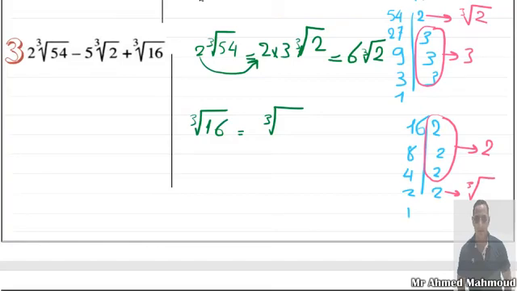Inside the cubic root, then 2 outside and 2 inside, it will be 2 cubic root 2.